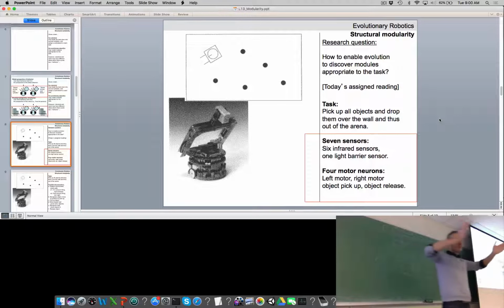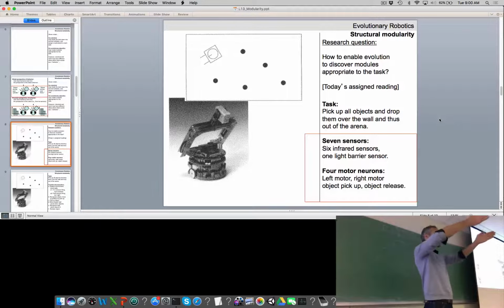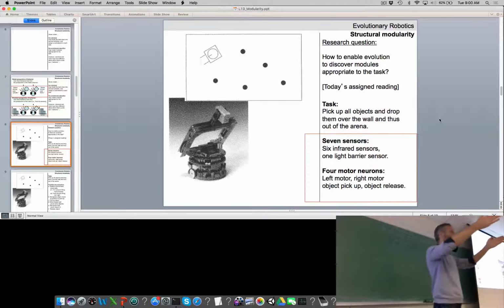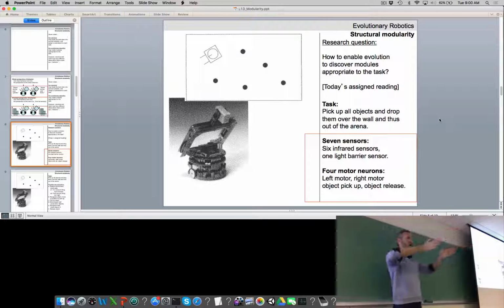So as it's driving around, if anything ever goes inside its gripper, there's a light beam from one pincer to the other pincer. And if that light beam is broken, that seventh sensor fires. When it drops an object or that object is no longer inside the gripper and the beam of light is unbroken, that sensor goes back to 0.